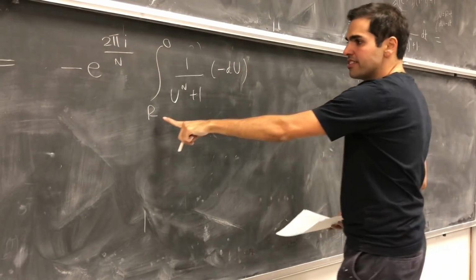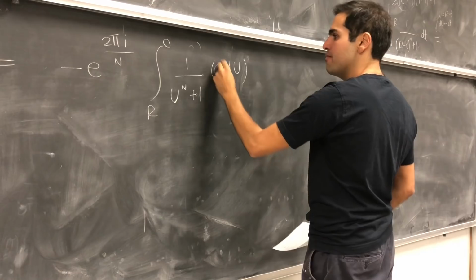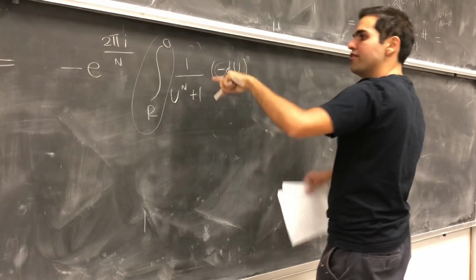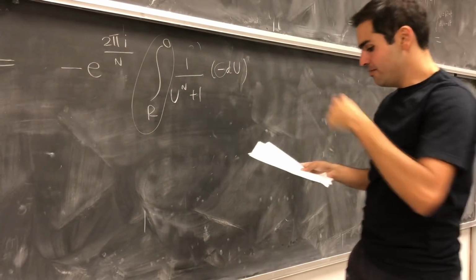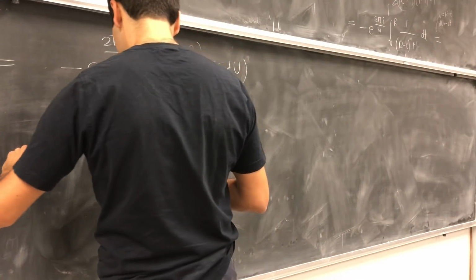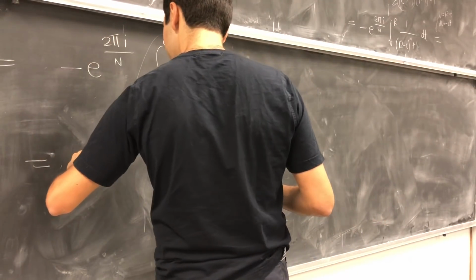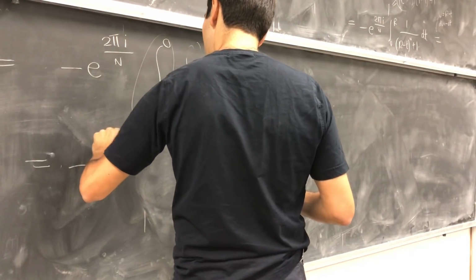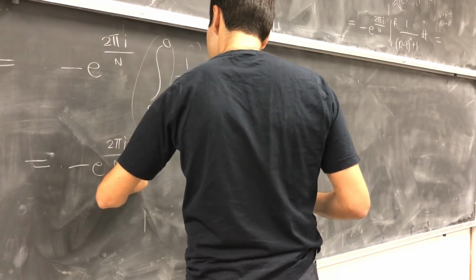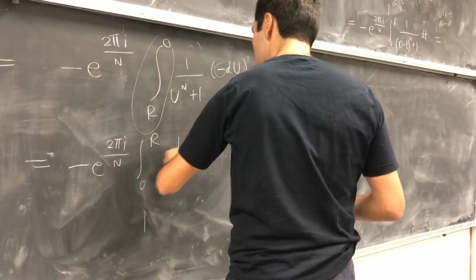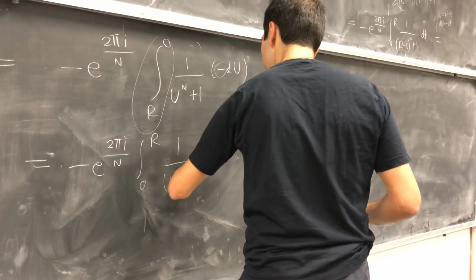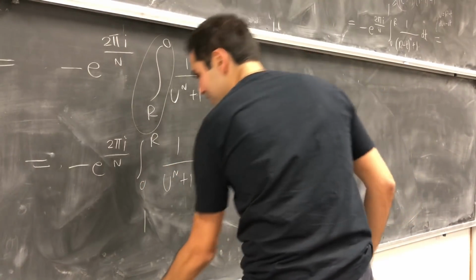Now, notice the orientation here is completely messed up, but because of this minus, we rebuild that orientation, and we're left with minus e^(i2π/n), integral from 0 to r of 1 over u to the n plus 1 du.